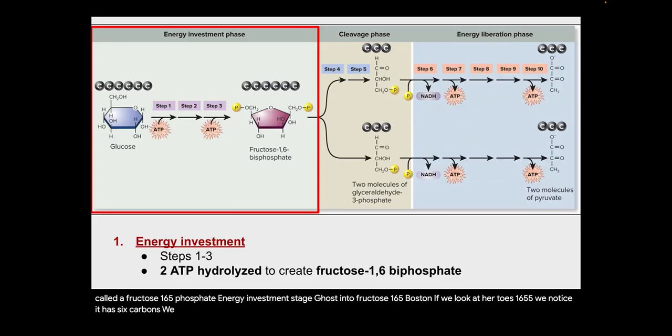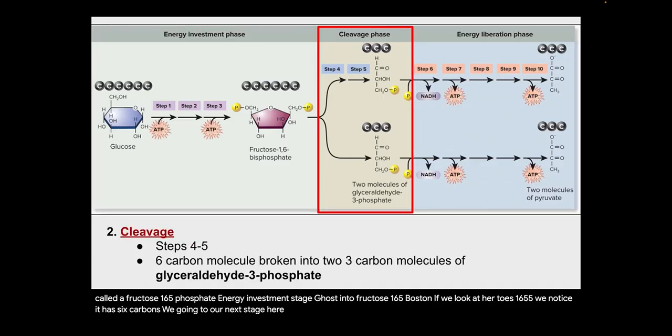As we go into our next stage here, the cleavage stage, we are cleaving this molecule apart. We're going from 1 6-carbon molecule into 2 3-carbon molecules.